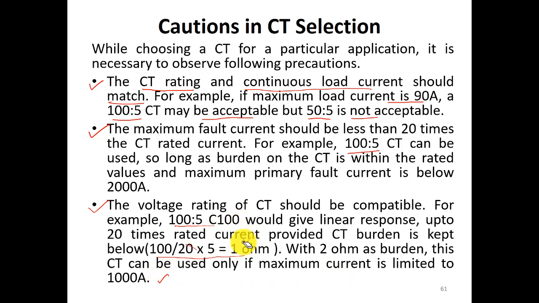So when your burden is 1 ohm, we can use this CT up to 2000 ampere fault current, but when the burden increases to 2 ohm, it cannot be used for 2000 ampere fault current; it can be used for 1000 ampere fault current. This is a very simple calculation, you can see it.